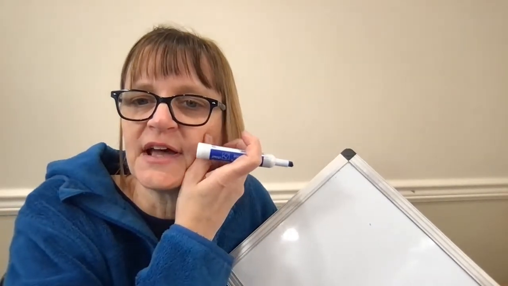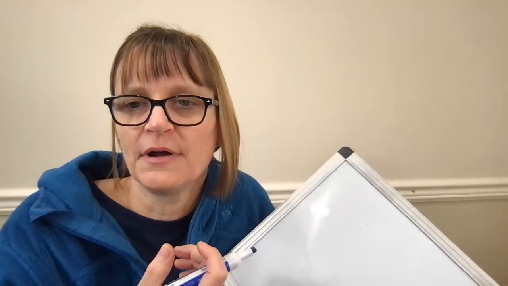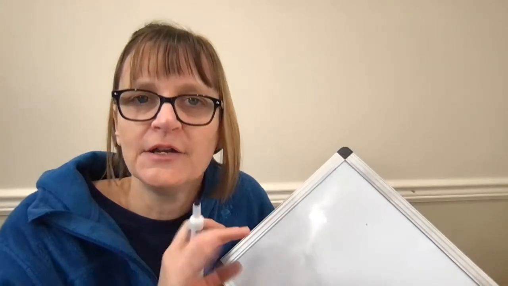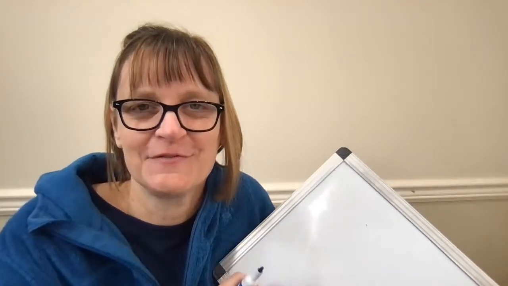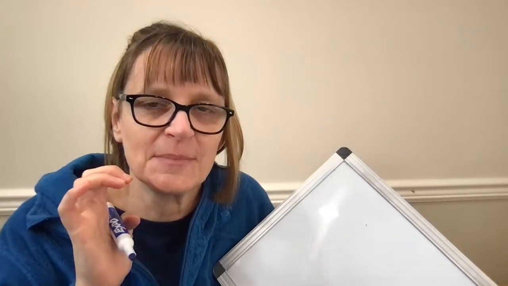Question about S after TH or vice versa, with some or... I do have a couple videos about that, so I'll refer you to those after class, give you a link to where you can see me talking about that. Basically, the TH sound is more forward and the S sound is a little more back with some. So I just have to pull my tongue back a little bit.